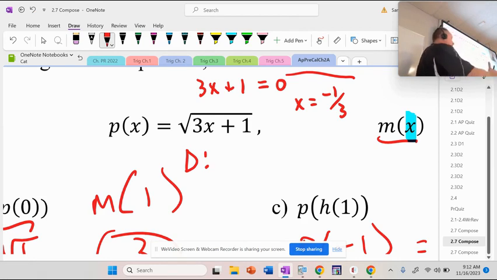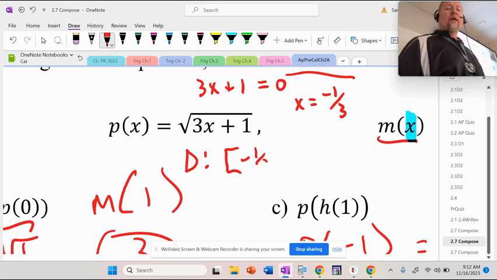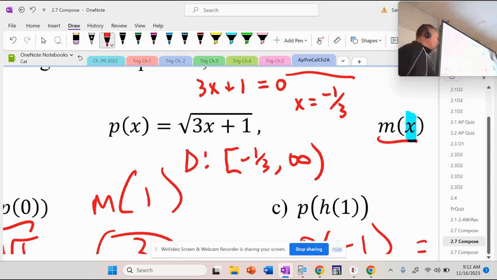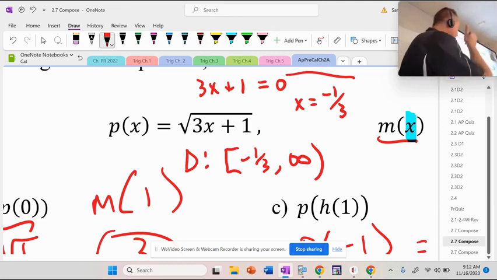I cannot plug in anything less than that. I plug in anything less than that, I get a negative. So the domain, this is review, is negative 1/3 to infinity. I did have 0 in my mind, I have no idea why. You can plug in 0, 1, 2, 3. You can see those evaluations become positive and you square root positive and you're all good.